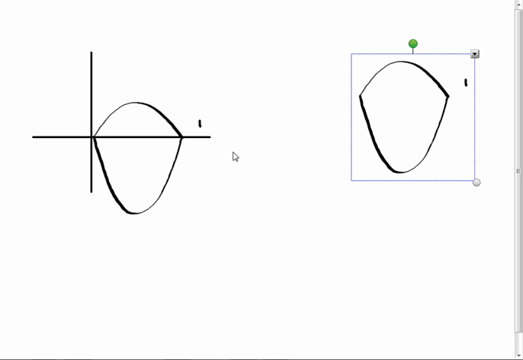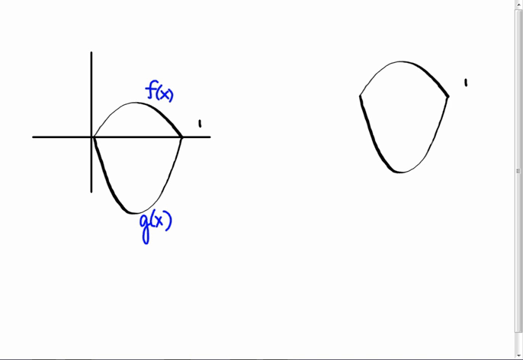Let me label these. We all know what f of x and g of x are, and so do the readers. So you may just use f of x and g of x. If you prefer to put the formulas in, you may. You don't have to. Find the area of the shaded region enclosed by those 2 graphs.